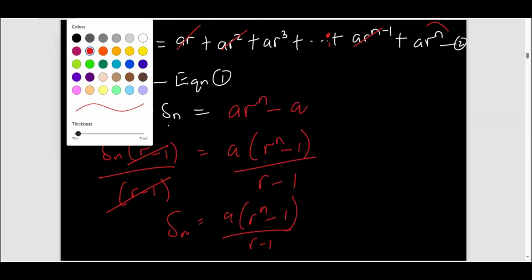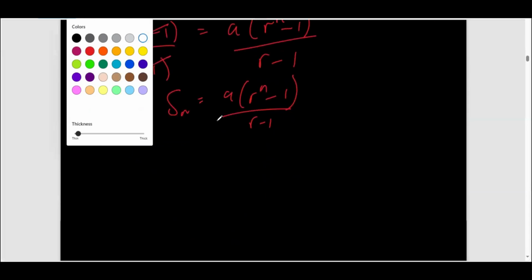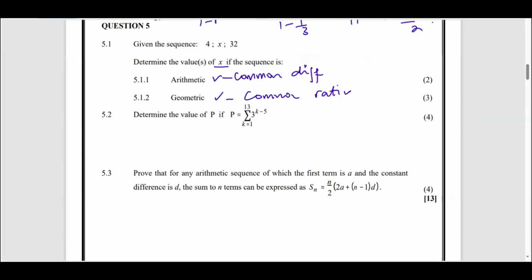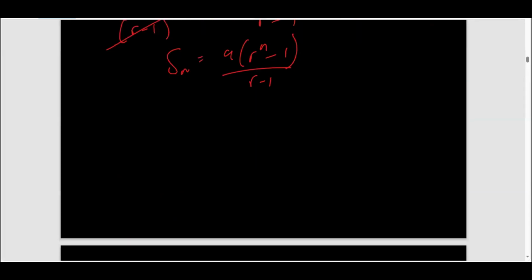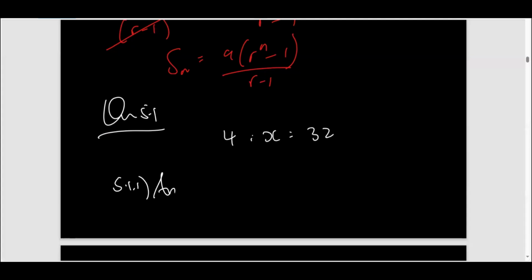So what we can say for question 5, yes, it's 5.1. Okay, 5.1, so the terms are basically 4, x and 32. 5.1.1, so for as long as it is arithmetic, I'll need to get the difference here, which is x minus 4.